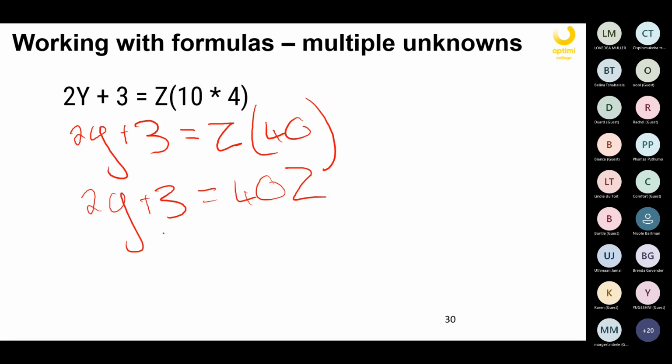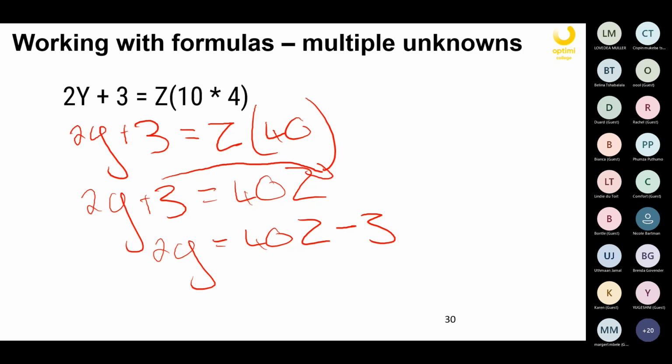So we say 2y equals 40z minus 3. I just took the 3 across. Okay. And then we say y equals 40z minus 3 divided by 2. And that's your answer. y equals 40z minus 3 divided by 2. You don't have to go any further. That is your answer.